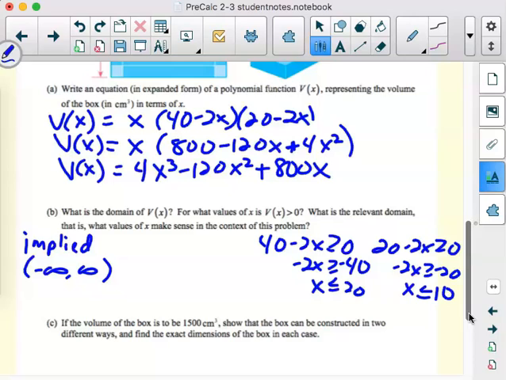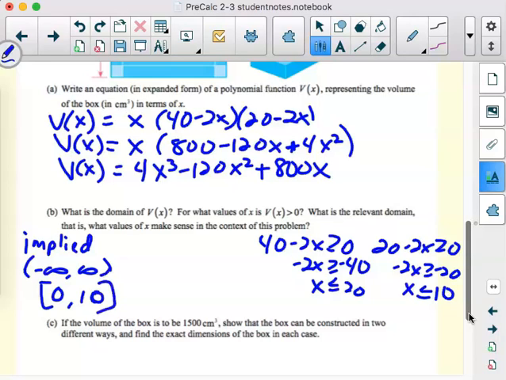So just like last time, we can't use exactly 10 because then we'd end up cutting down to 0 on the one side. But these are usually, we'll take them with square brackets or with the parentheses. And that's because of the way that the book defined it as using square brackets for the 0. So whether or not you put parentheses or square brackets here, it's going to be fine.